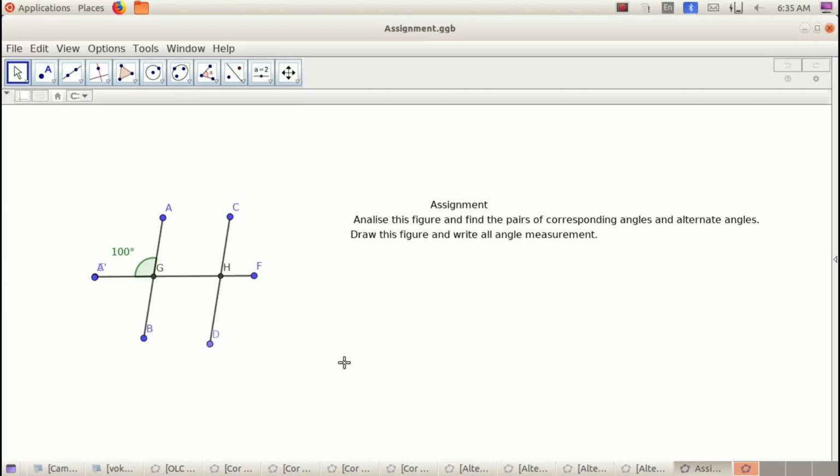After drawing this figure, you can write the measurements in the figure itself. Then you can make 2 columns, one for corresponding pairs and the second column for alternate pairs, and write 4 pairs of corresponding angles, the names of angles and measurements, then 4 pairs of alternate angles, names of angles and their measurements.